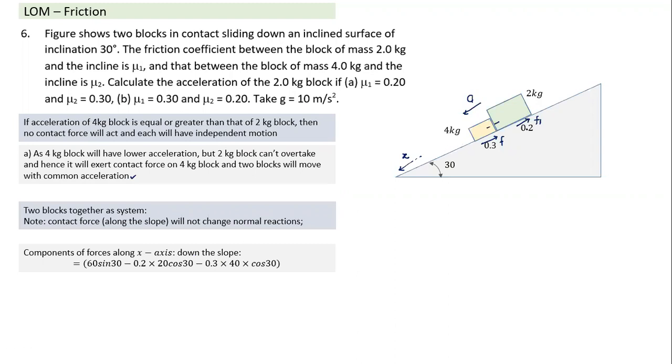Friction on the first block is mu times mg, where mg is 20, into cos 30, and this one is minus 0.3 into 40 into cos 30. I hope all of you understand why both frictions have to be calculated separately. So this is the net force acting. Once I have the net force, I divide by 6 and get the value of acceleration. If we have to actually calculate in the examination, whenever we come across cos 30, take it as 0.87 and solve.